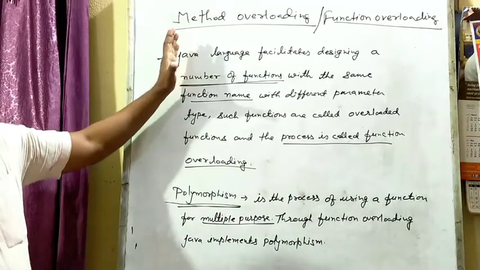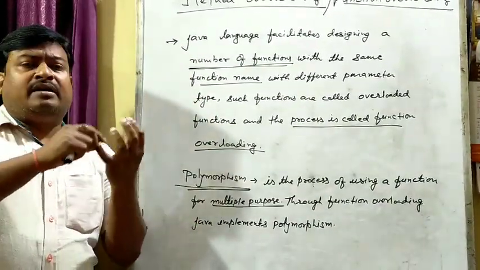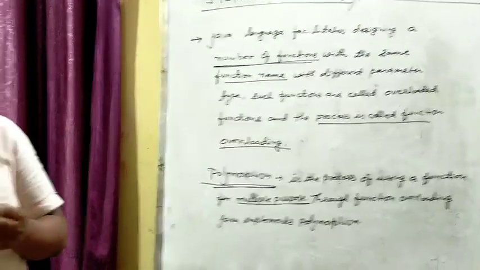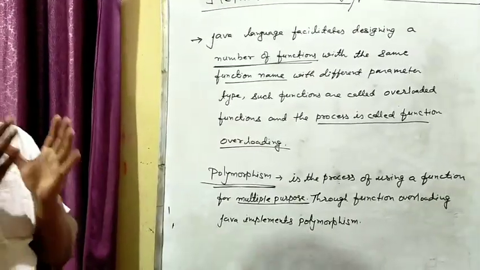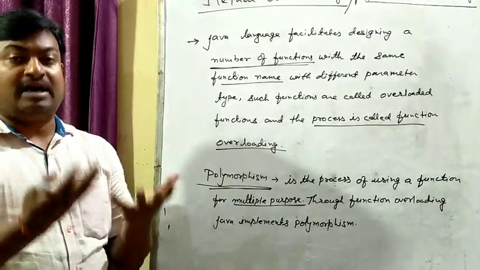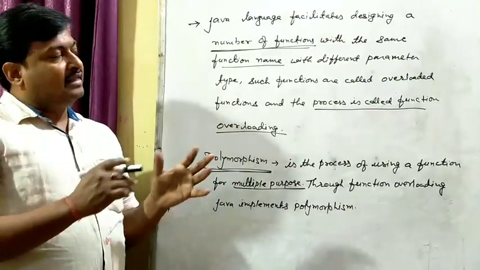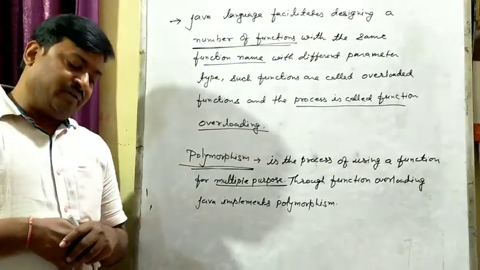Function overloading means we create one function for more than one purpose, so one function can perform more than one task. Such functions are called overloaded functions and the entire process is called function overloading.